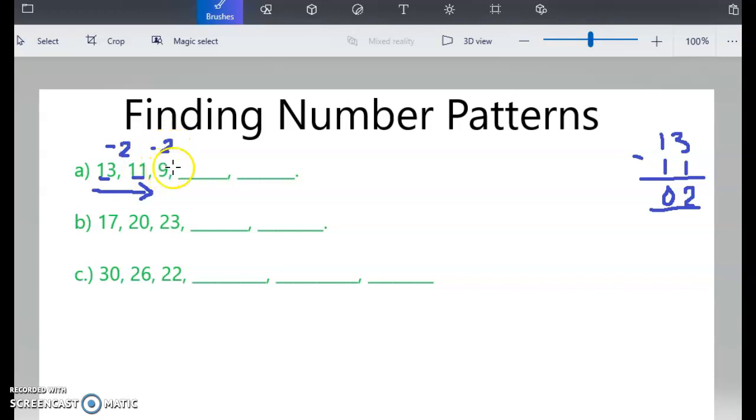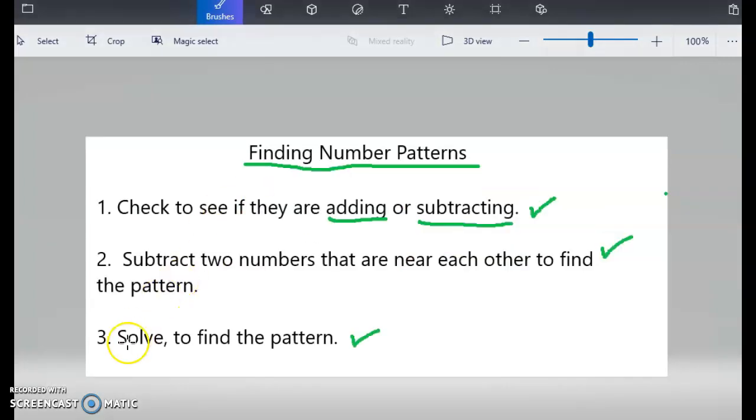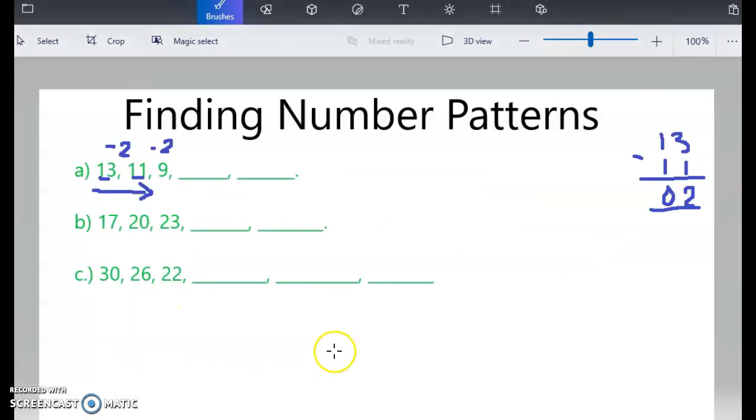So now I have to figure out what my other numbers are. Let's go to the third reminder. Solve to find the pattern. Now that we know they're taking away 2 each time, all we have to do is take away 2 from 9 to find the answer here. So you can count backwards, 9, 8, 7.